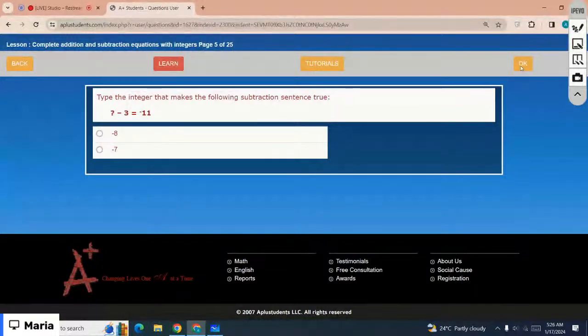That is, the correct option is, yes, that is negative 8. Option number 1 is the correct option. Negative 8 is the correct option.